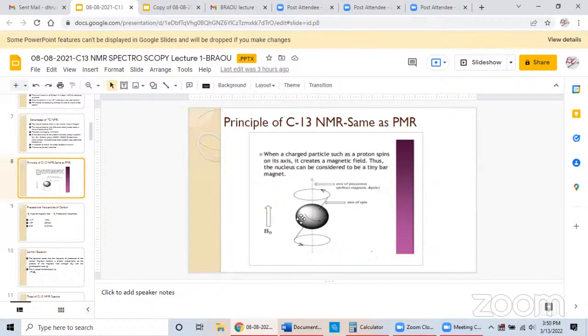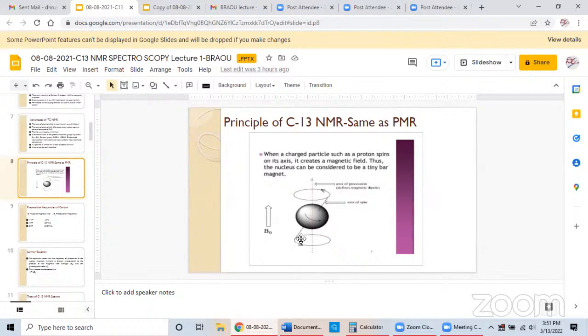Carbon-13 is spinning around its own axis, and it is rotating around the axis of the applied magnetic field. This is the axis of precession, and this precessional motion has a frequency called the precessional frequency. When the precessional frequency comes to resonance with the applied frequency, absorption occurs.